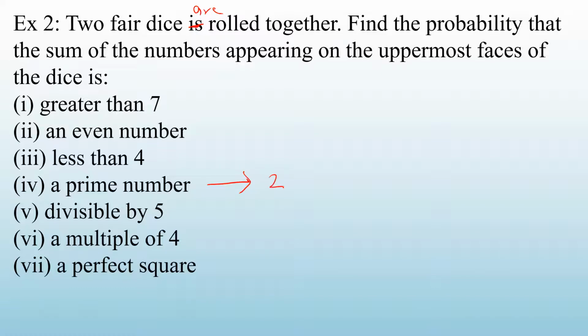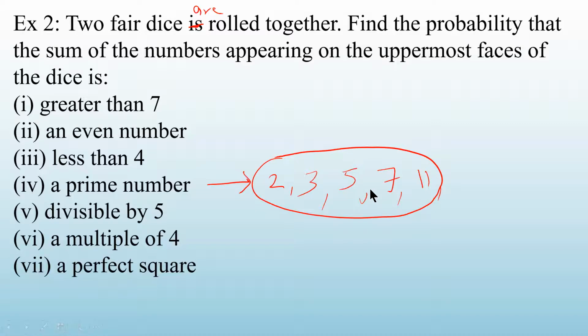It starts with 2, 3, 5, 7. Then the next number will be 11. After that 13. But in our list we will have only up to 11 as the sum, because the maximum sum we can have is 12. So we only have to check that the sum should be 2, 3, 5, 7 and 11. Okay.